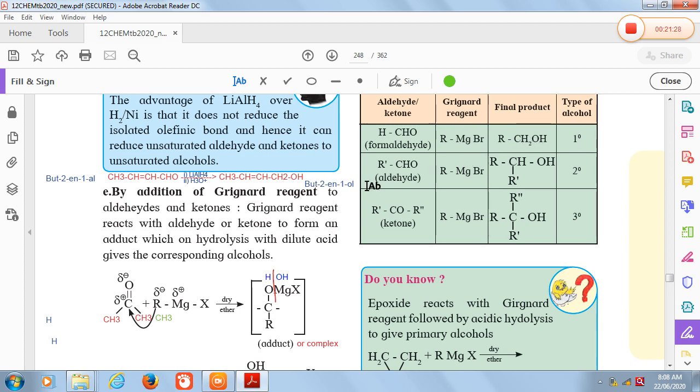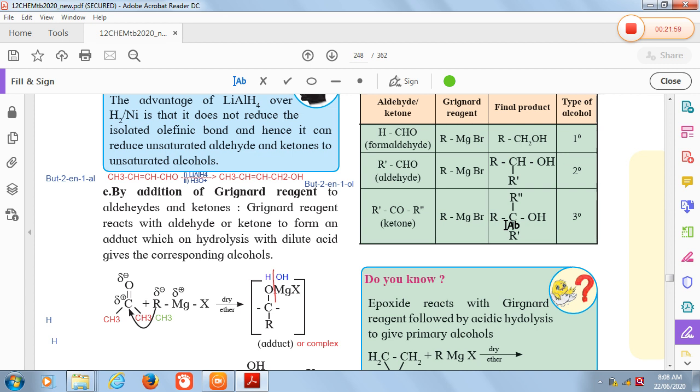If we choose any aldehyde other than formaldehyde, react with any Grignard reagent, then your product is secondary alcohol because OH is attached to that carbon having two alkyl groups. And if we take a ketone, react with any Grignard reagent, then we get a tertiary alcohol because the OH carbon is attached to three alkyl groups. So this is the importance of the Grignard reagent.